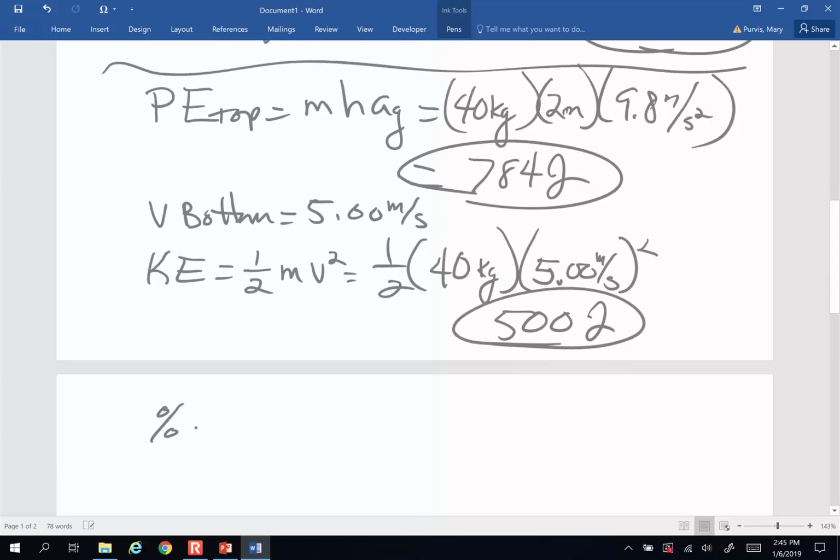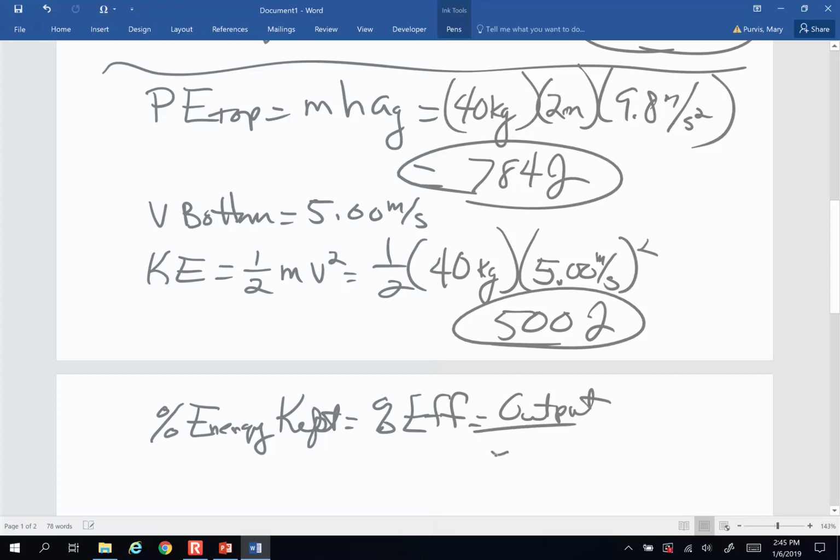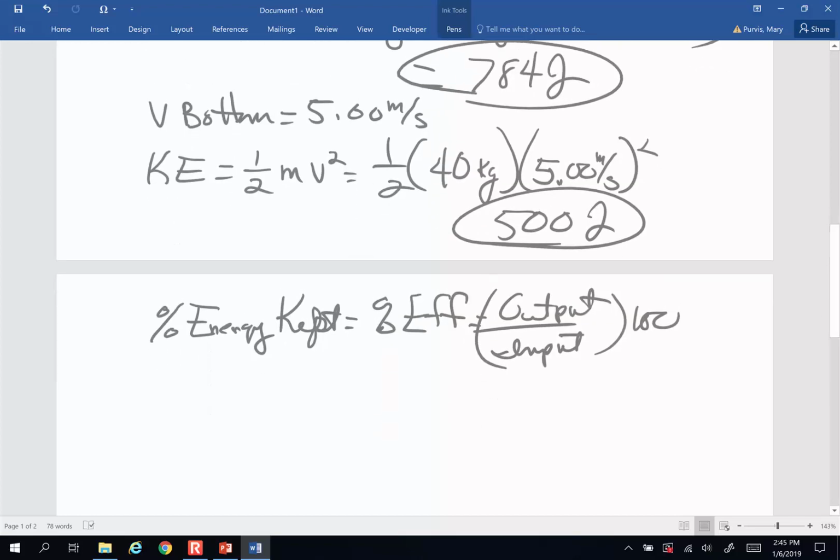Now the question was, what is the percent energy lost. Now, I'm going to find the percent of energy that is kept, or in another word, I'm going to find the percent efficiency of the system, and then we're going to subtract to find loss. So efficiency is output divided by input, times 100. In the beginning, at the top of the slide, there was 784 joules of input.